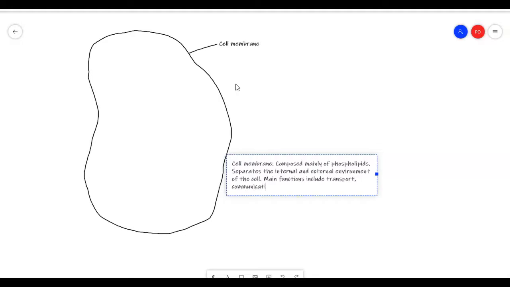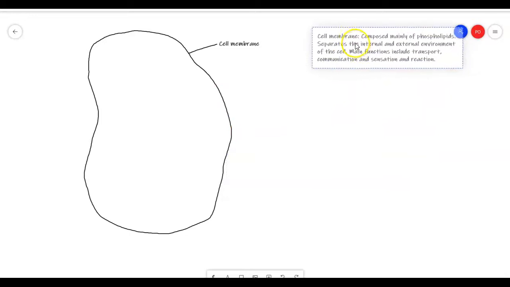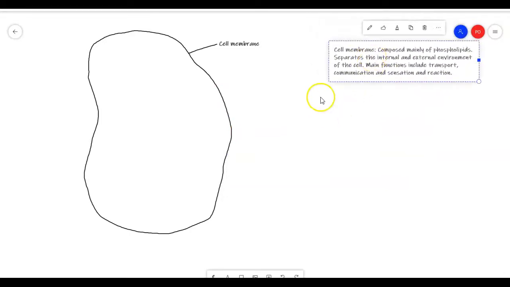Communication then is very important, and sensation and reaction. So you also have in the plasma membrane receptor proteins that respond to certain chemicals in the outside environment. Your light sensitive cells in the retina, they have special proteins in the cell membrane to give that ability to sense light.